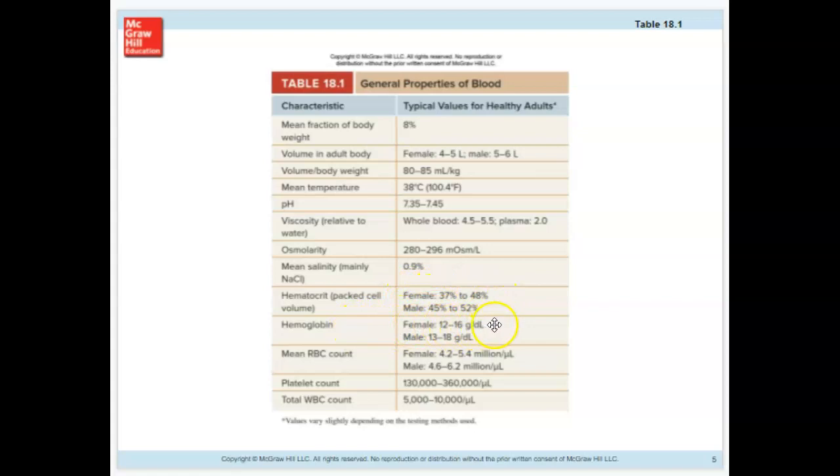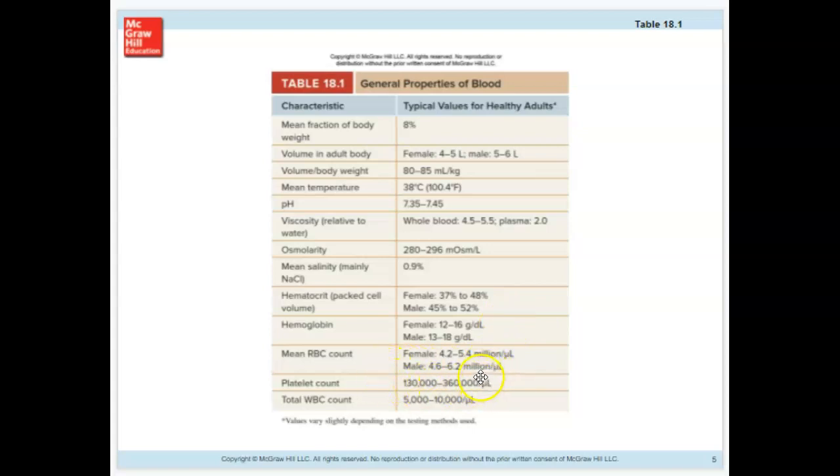And regarding the hemoglobin, we have 12 to 16 grams per deciliter, and it's going to be a little bit higher for males, 13 to 18 grams per deciliter. Below these values, we consider anemia. Anemia is going to be the reduction of hemoglobin in our body.